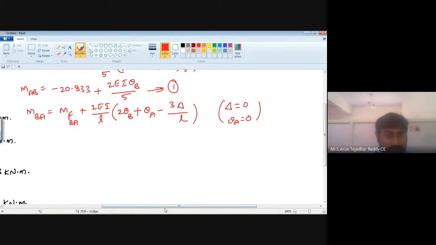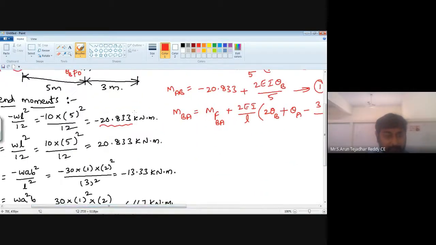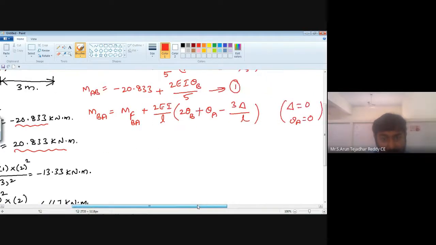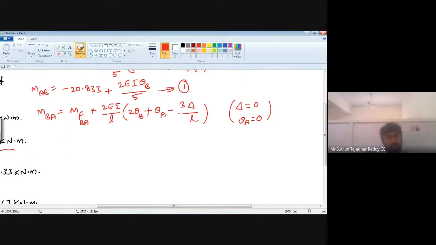Now what is the value of MFBA? MFBA is 20.833 kilonewton meter. So 20.833 plus 2EI, which is constant, by L, where L is the span of AB, that is 5 meter, into theta B is unknown, so twice theta B, plus theta A is 0, and here also it is 0.